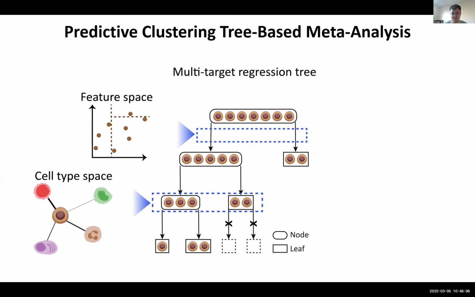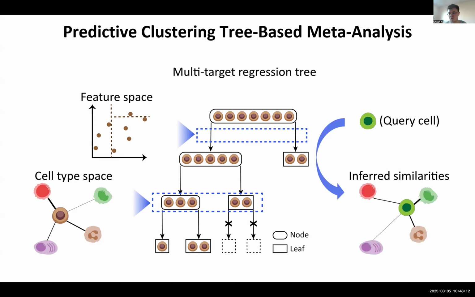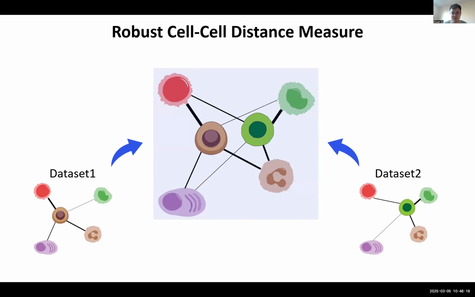This means that when a predictive cluster tree is built for each reference dataset, a query cell will be predicted into the same space. This has a direct consequence that cell types from different datasets will be placed into a common graph to more accurately measure their cell type to cell type distances.